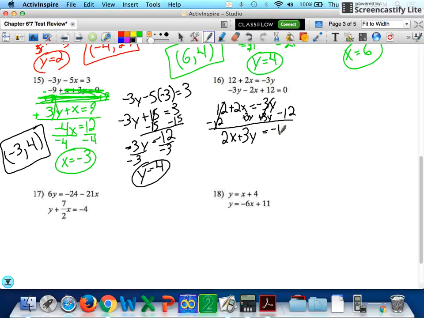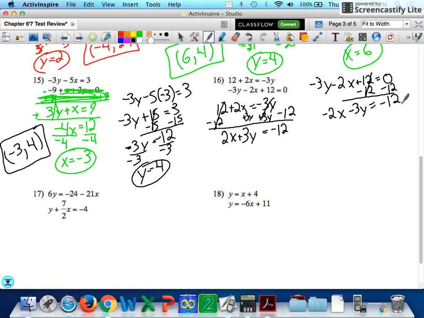And then I'll have a negative 12 on that side. For my top equation, it's a little bit easier. I just have to subtract 12 from both sides. And then rearrange my left side a little bit. So I like the x's to be in front because my x's are in front over here. Negative 2x minus 3y equals negative 12.